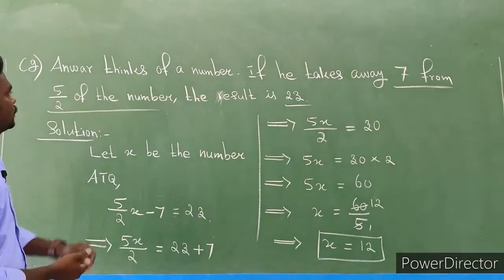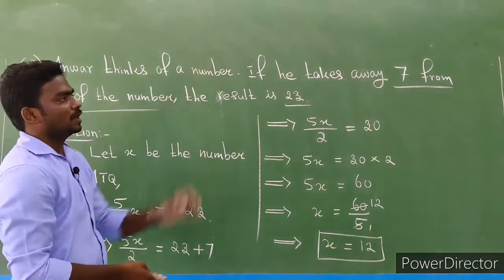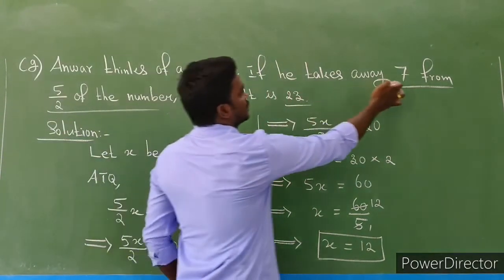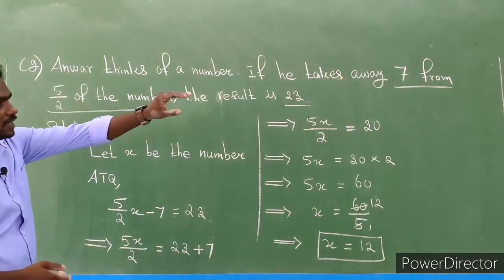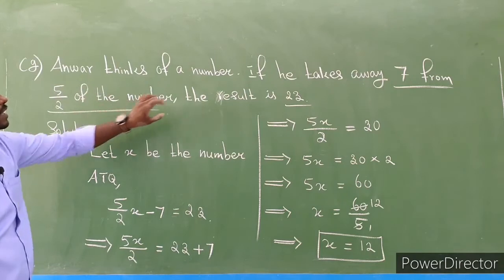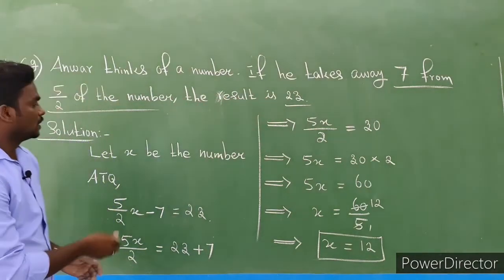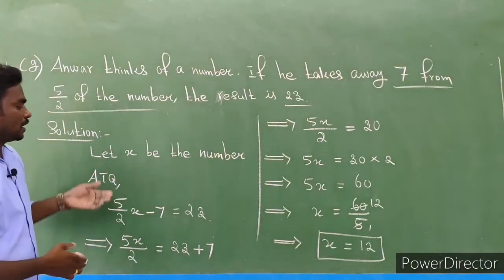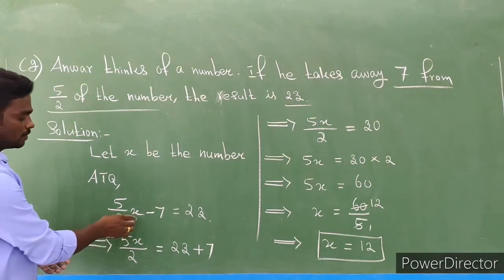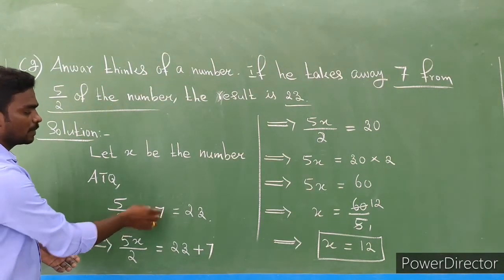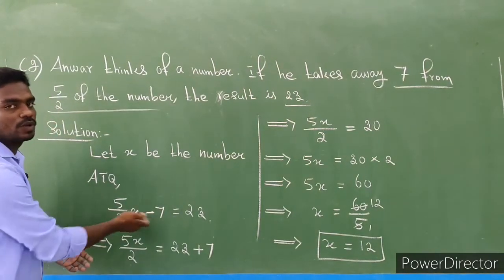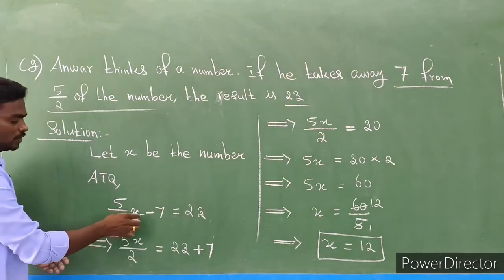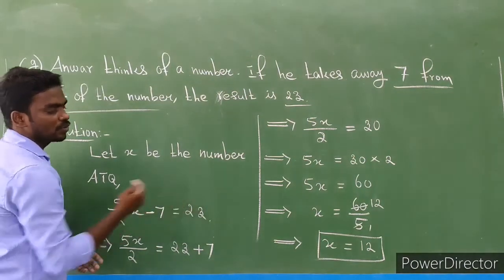How to solve this? Anwar thinks of a number; if he takes 7 from 5 by 2 of a number, the result is 23. So let x be the number. According to our question, 5 by 2 into x minus 7, because 7 is taken away from 5 by 2 of a number. 5 by 2 into x minus 7 is equal to 23.